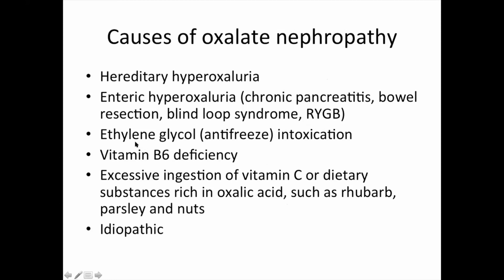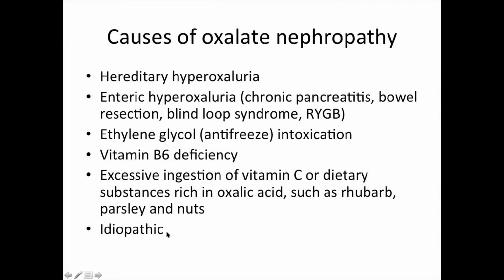People who take ethylene glycol, antifreeze intoxication, either because they're trying to commit suicide or they are alcoholics. If there is vitamin B6 deficiency, or an excessive ingestion of vitamin C or dietary substances with a lot of oxalic acid, like rhubarb, which is counted as a fruit by the English, I don't know what it's called in Arabic, parsley and nuts, all of these.